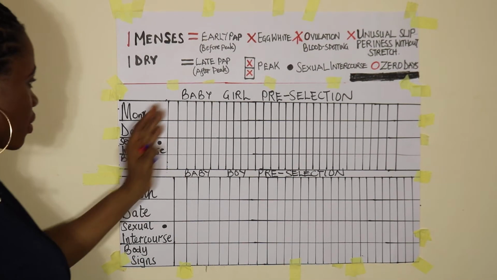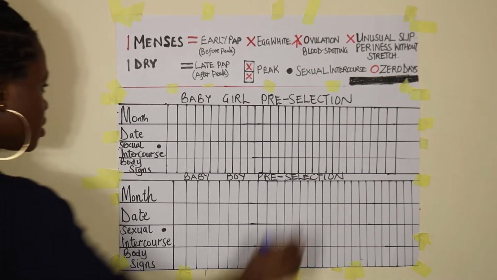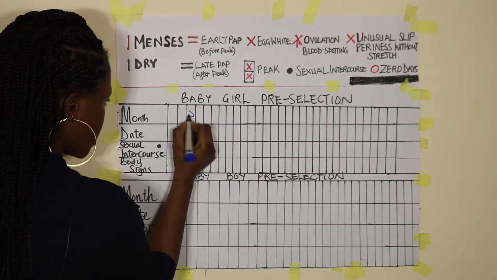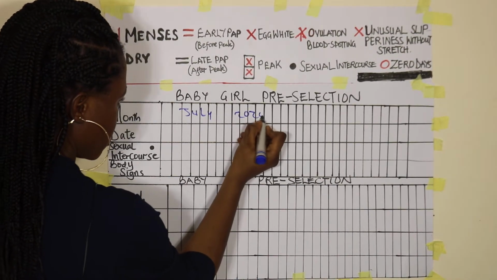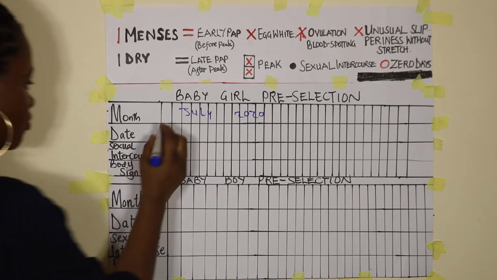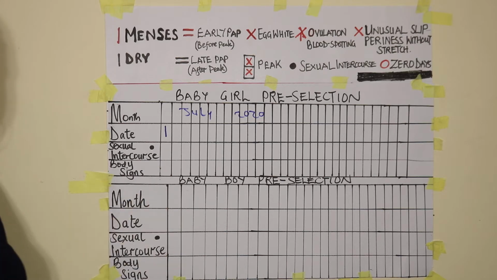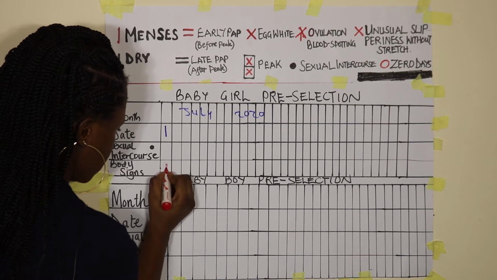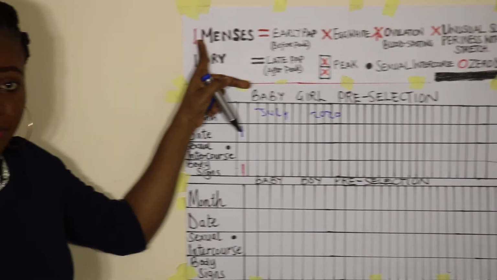So what we are going to do now is go back to our charting month of July 2020, and the date is still 1st of July, and her body sign on this day, she saw her period, which is the menses sign.